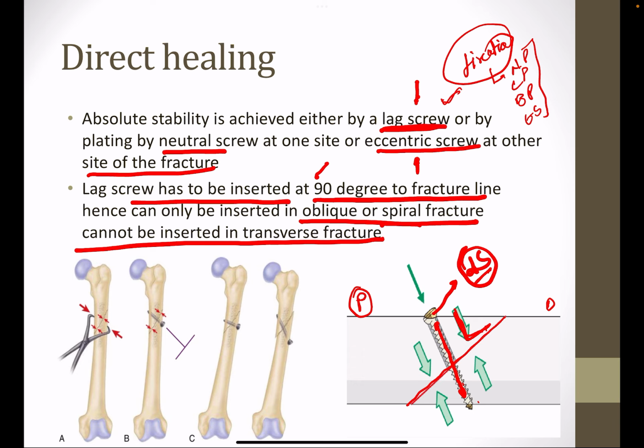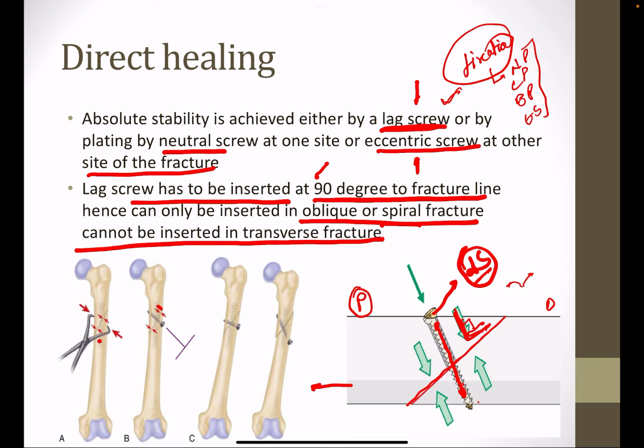Now, inserting it at 90 degrees or very close to 90 degrees is absolutely necessary, because if you insert it at another angle, more obtuse or more acute, it will cause displacement of your fragments. How? It is shown in this diagram. So the bone is reduced by a reduction clamp.